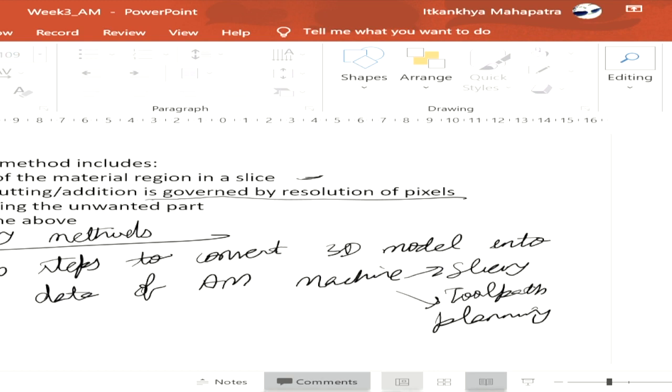For removing the unwanted part, yes, the grid cutting method also removes the unwanted parts of an image, but this is not complete. It involves more than just removing the unwanted part. It also involves pixel level manipulation. So these are the correct options.